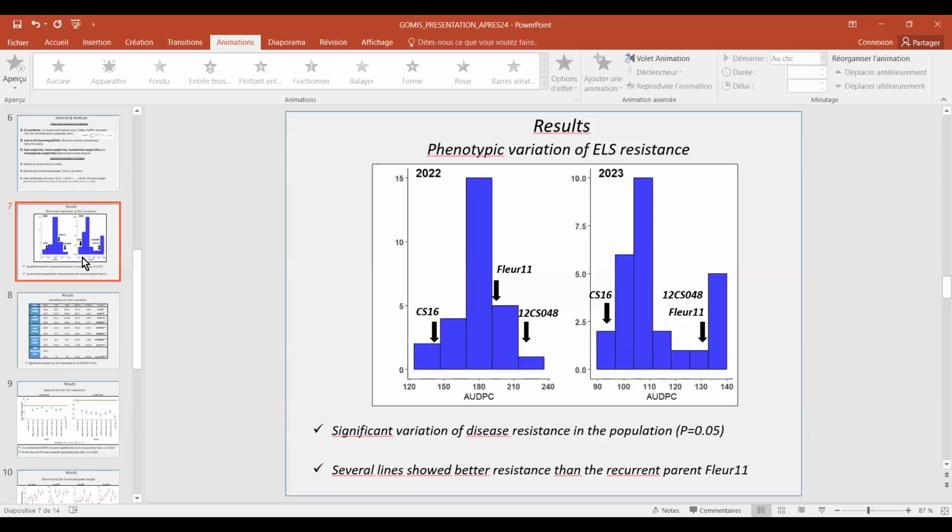So I think that it's a good material for early leaf spot, and our results show that if we compare our lines to flower 11, the fragment from Arachis cardenasii brings us resistance for early leaf spot.